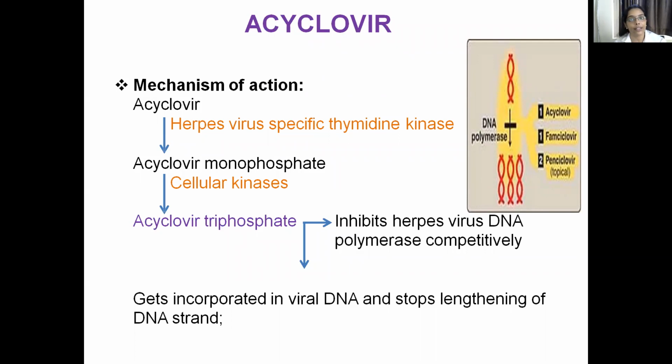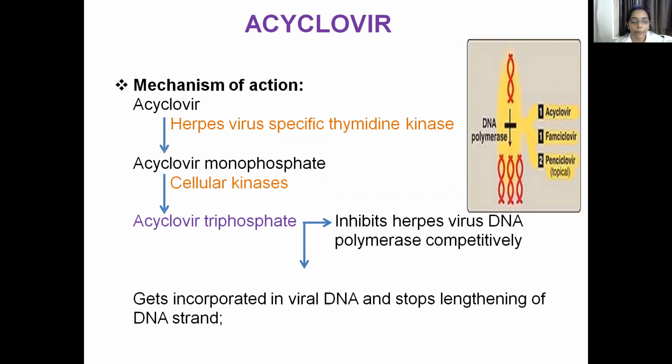So that's the reason the cytotoxicity to the normal or healthy cells is less. Then one more thing is that the drug acts more effectively on the viral DNA polymerase than compared to the host cell DNA polymerase. So these two reasons are responsible for decreased cytotoxicity in the healthy cells of humans.